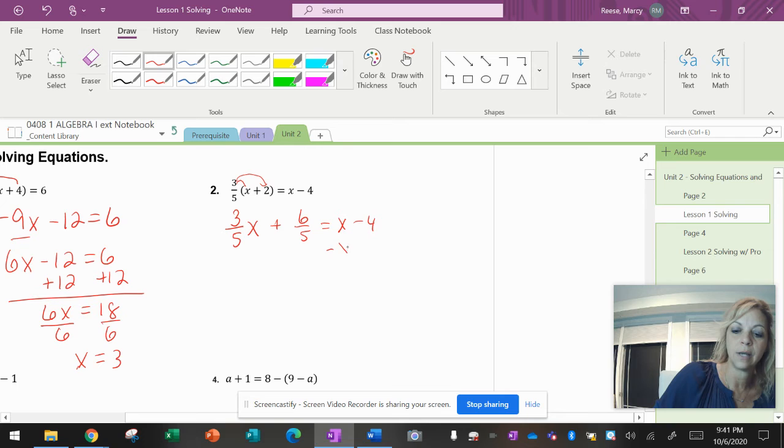You're going to minus the x to get this to the other side. So you're literally going to do 3/5 minus, remember there's a 1 there. When I do 3/5 minus 1, I get -2/5 x.